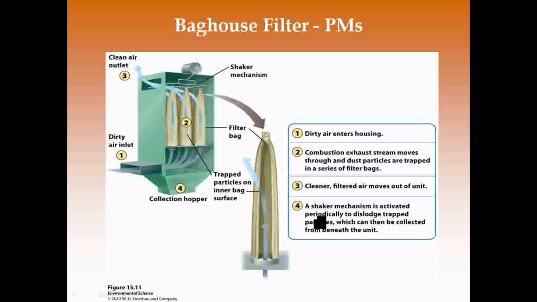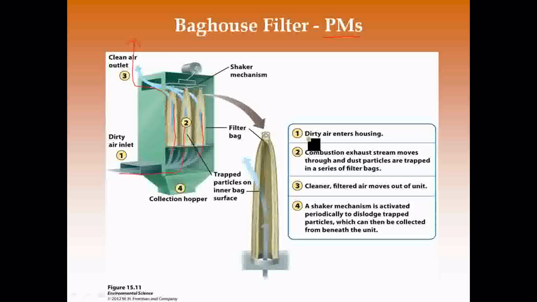Here is the baghouse filter, and as I just mentioned, it is designed to clear out particulate matter. And it's just a filter bag. It's not unlike your vacuum cleaner at home. The dirty air comes in, it goes through these bag filters, the solid material gets trapped by the bag, and what comes out is clean air. Then those bags have to get cleaned.